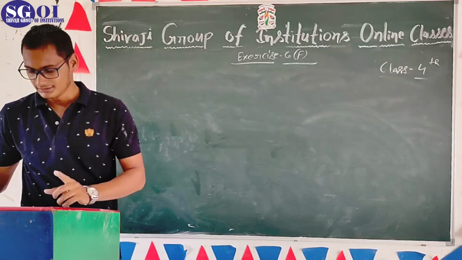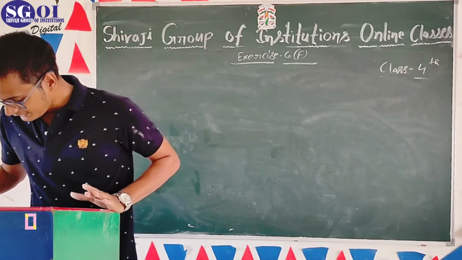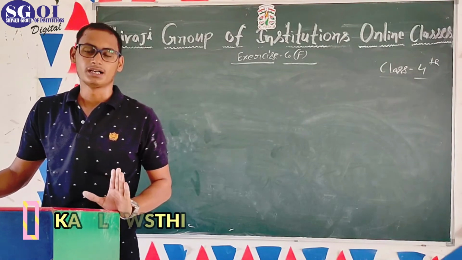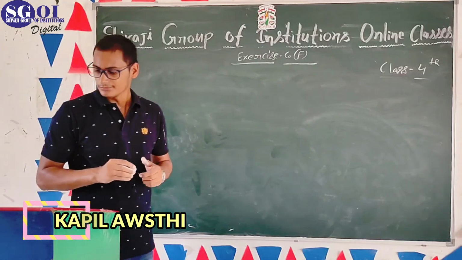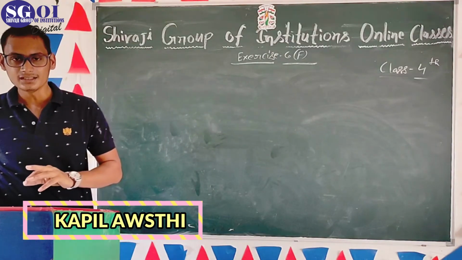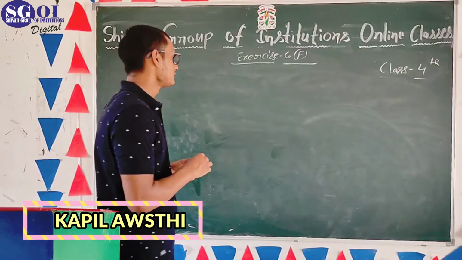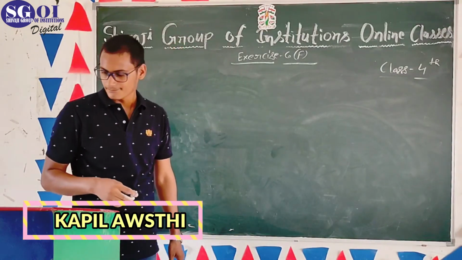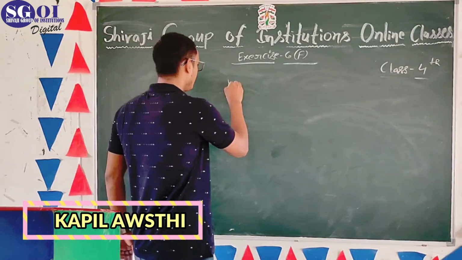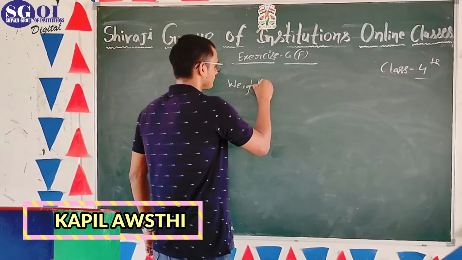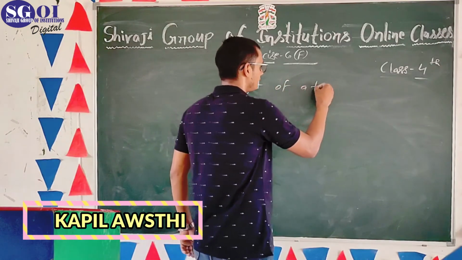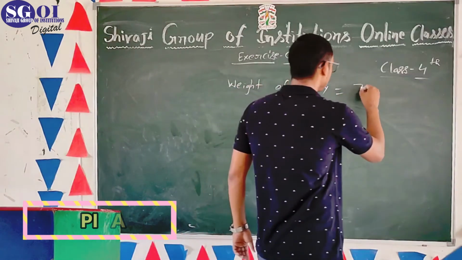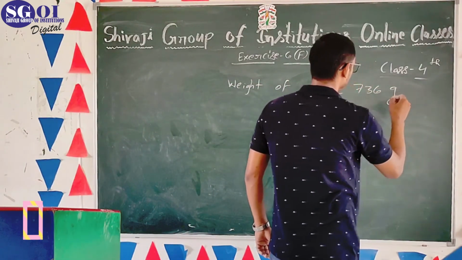Give your answer in kilograms. The weight is given in grams, so first we have to change grams into kilograms. The weight of one toy is 736 grams.